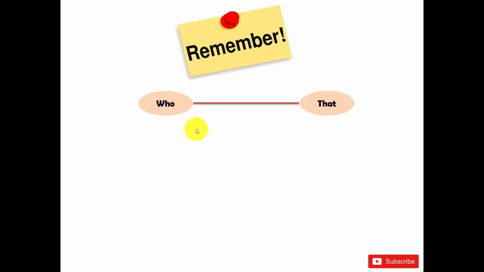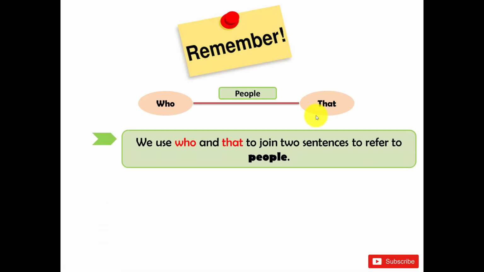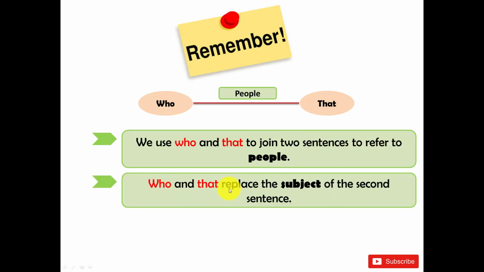Remember, who and that are for people. So we use who and that to join two sentences to refer to people. Who and that replace the subject of the second sentence, like in the example we have seen. Ahmed is my friend. He gave me this pen, right?